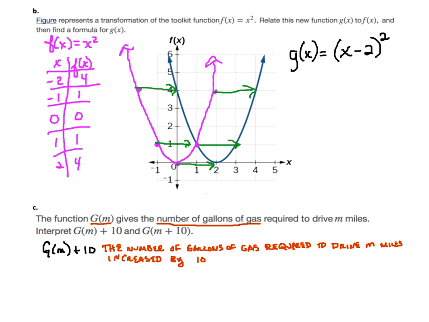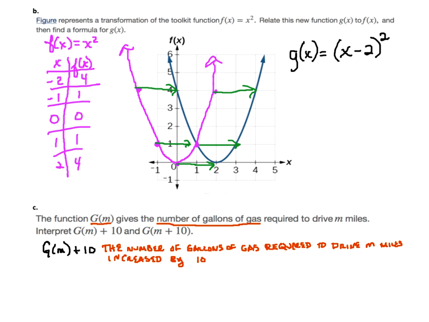In other words, you have to have 10 more gallons of gas to drive the same amount of miles. So for example, that might be the difference in driving a big rig truck and a Honda Accord or whatever. You'd have to have 10 more gallons of gas to drive that same amount of miles.